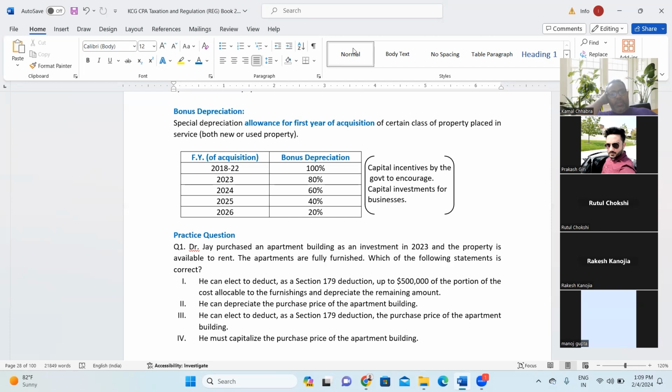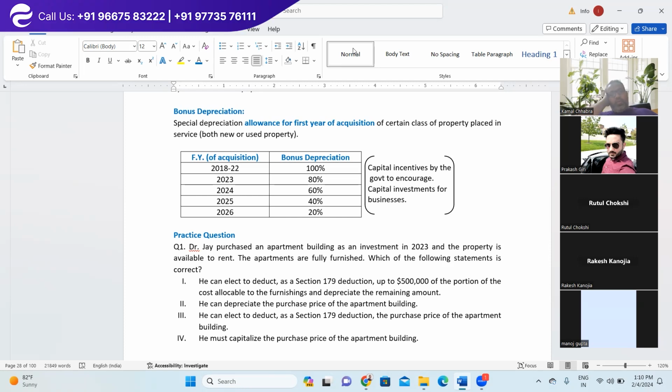Second, he can depreciate the purchase price of the apartment building. So he can depreciate the total purchase price of the apartment building. Third, he can elect to deduct as a section 179 deduction the purchase price of the apartment building. And the last one is he must capitalize the purchase price of the apartment building.